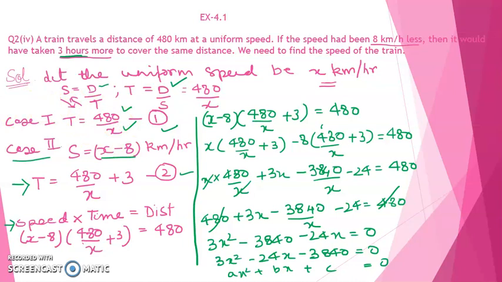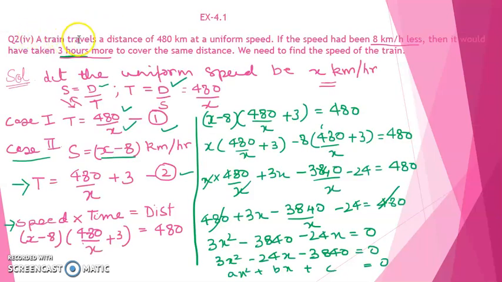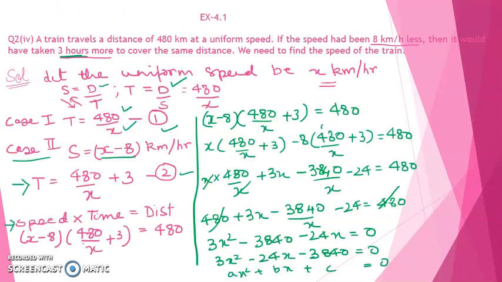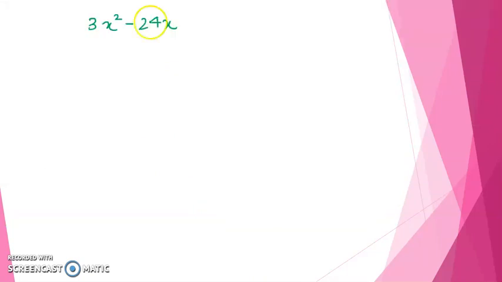What is the equation we have got? 3x square minus 24x minus 3840 is equal to 0. Remember the number minus 3840.